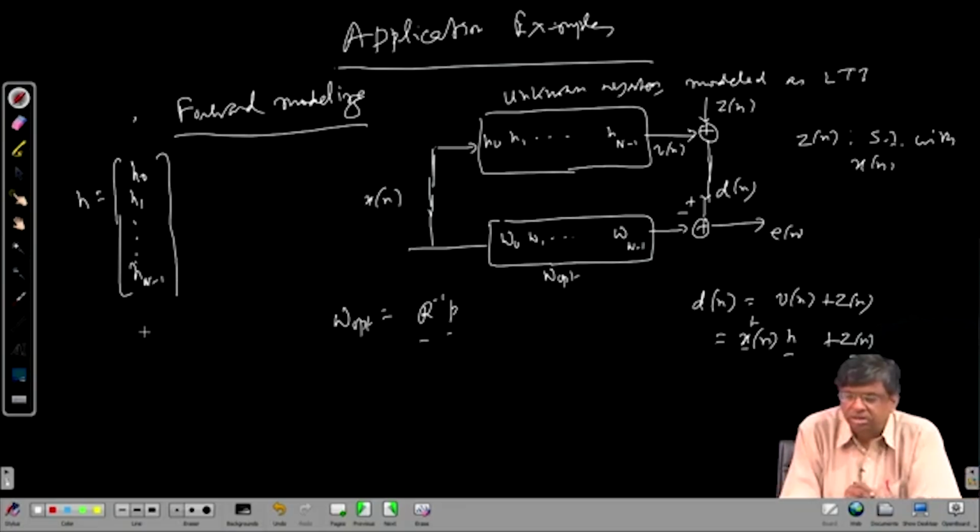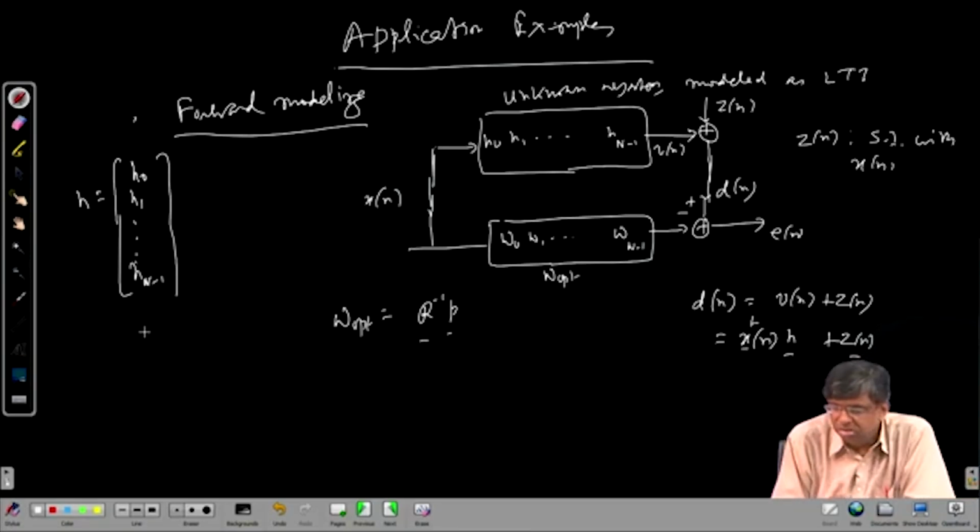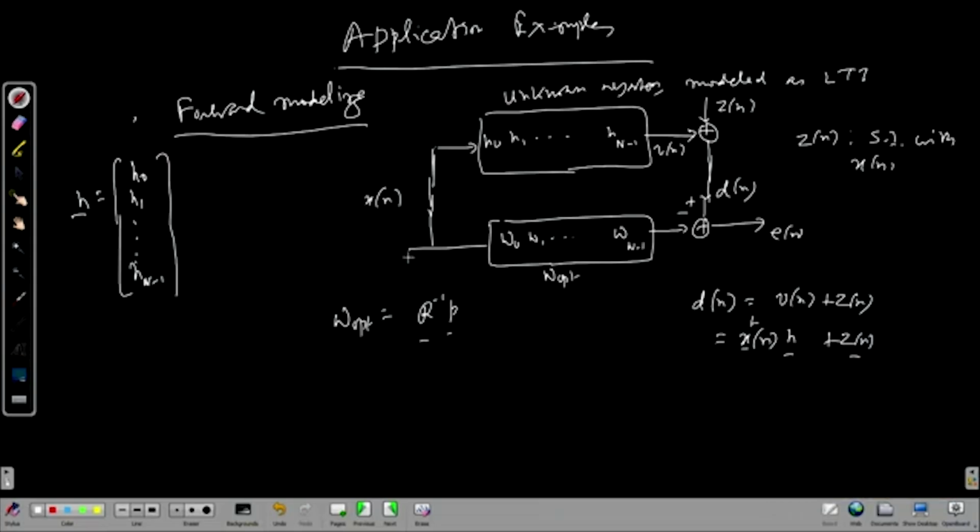True system coefficient vectors. So, linear convolution. So, either Xn transpose H or H transpose Xn, they are same. So, I write it as Xn transpose H, that is Vn plus Zn, that is my Dn, and Zn is statistically also 0 mean and statistically independent with Xn. So, P will be what? E of Xn Dn, and now replace Dn by this.